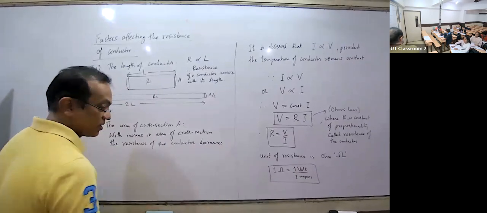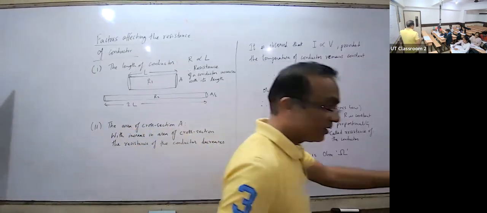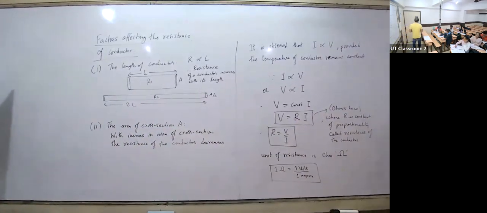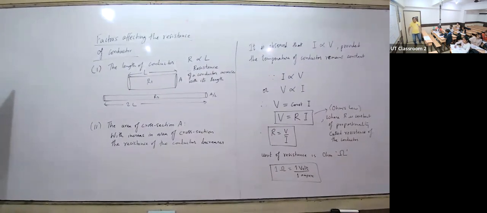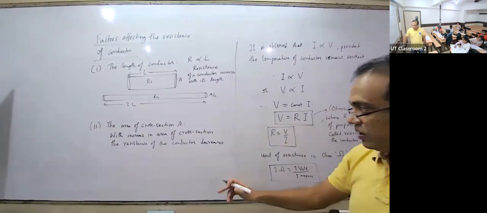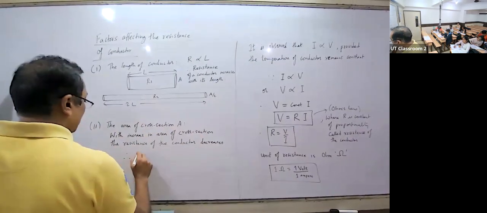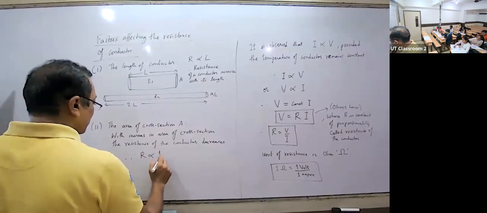There is an inverse relation. Area increases, resistance decreases, because now the opposition will be less and the passage is wider. So what is the relation here? Therefore, resistance is inversely proportional to area.